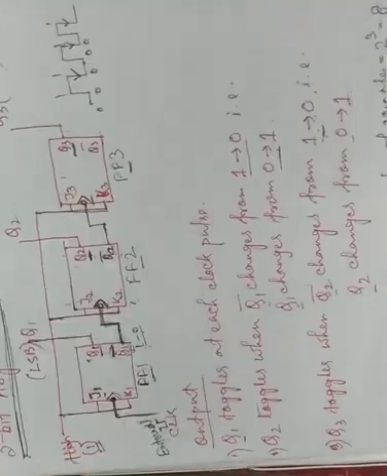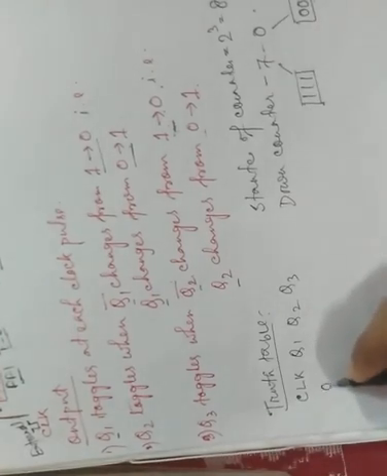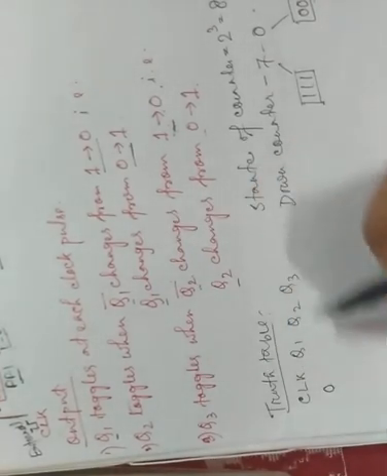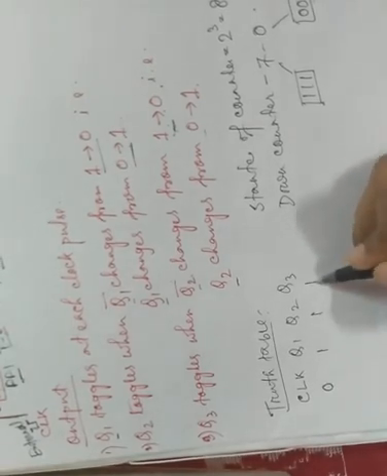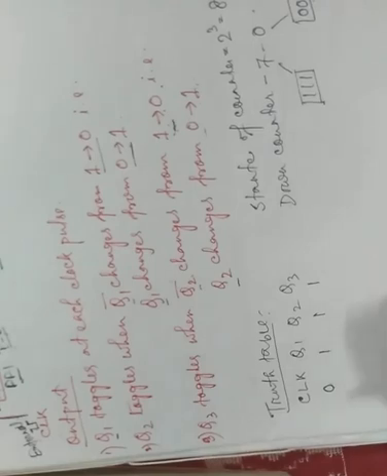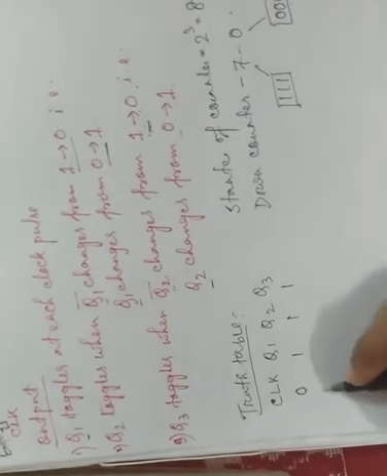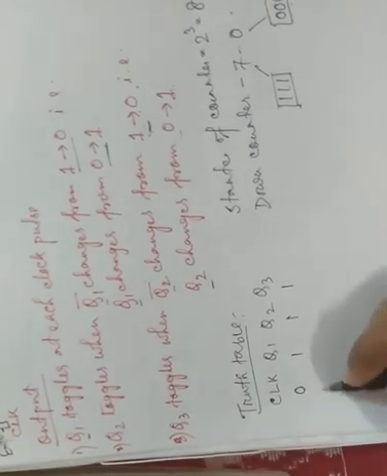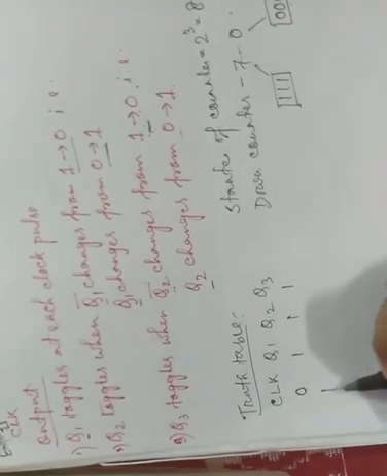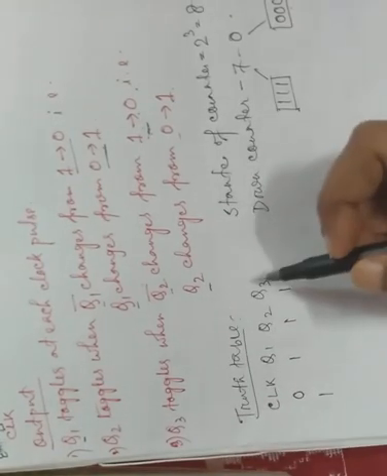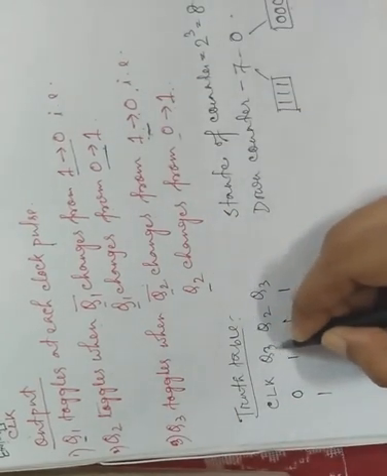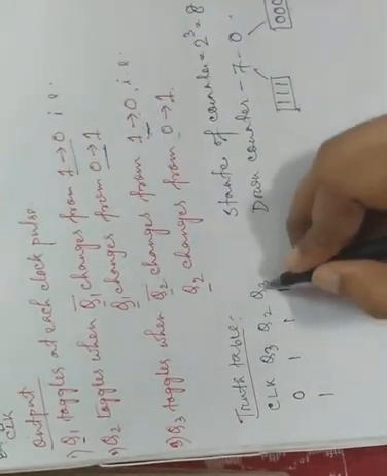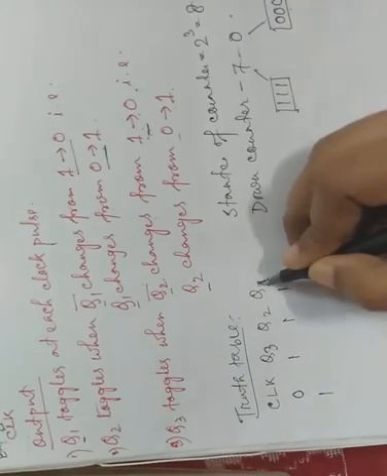Whenever the clock is 0, that is no clock is applied, the counter is preset to 1 1 1. In the next clock, when the second clock pulse applies, we have to write Q3 first, because it is the MSB, then Q2, then Q1.